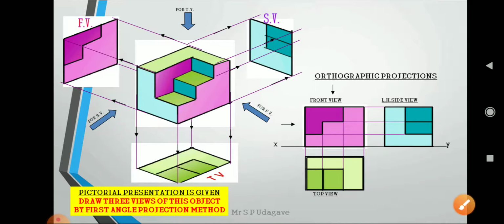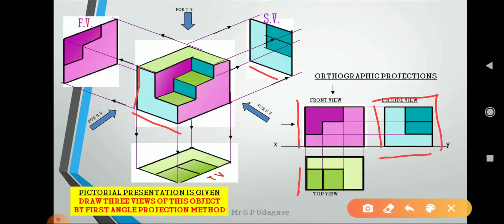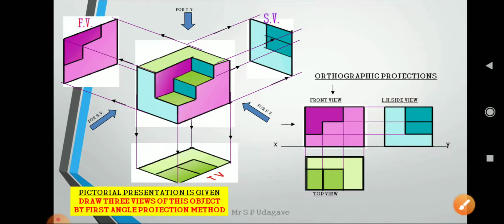So you can see the left hand side view, with the total length of the object and total height of the object taken from the front view. We can draw the side view, the left hand side view, drawn in the first angle method on the right hand.